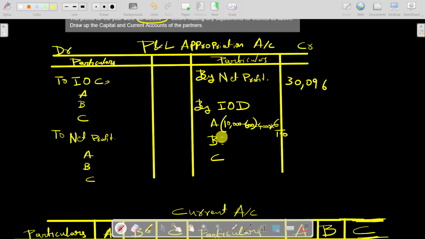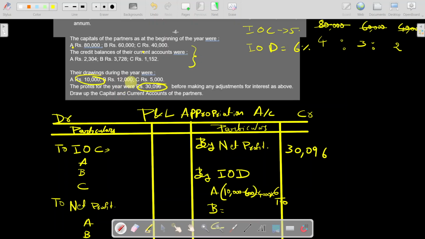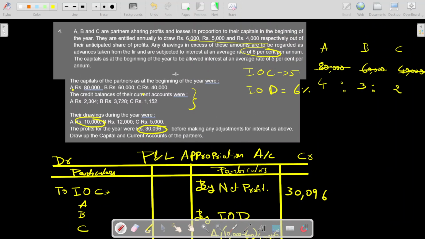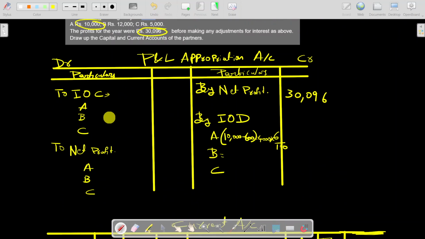For B, B is taking 12,000 drawings, and we are allowing 5,000 only. So 12,000 minus 5,000, 7,000 into 6 by 100.